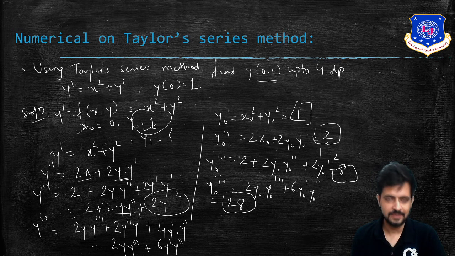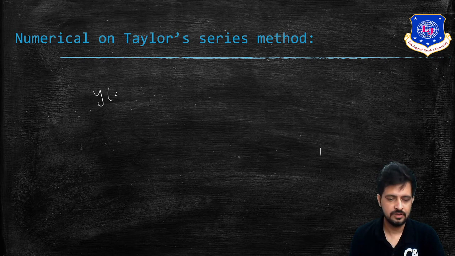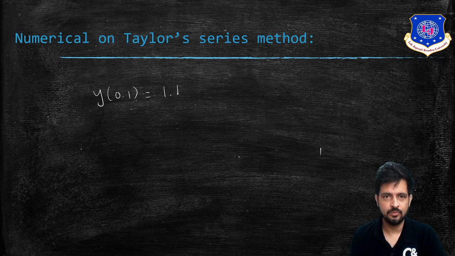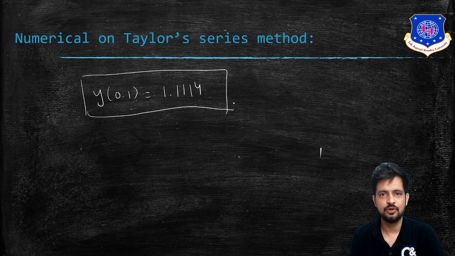After placing them, you will get the final answer: y of 0.1 is equal to 1.1114. Up to 4 decimal places you have to find, so fix the digits in the calculator as 4.